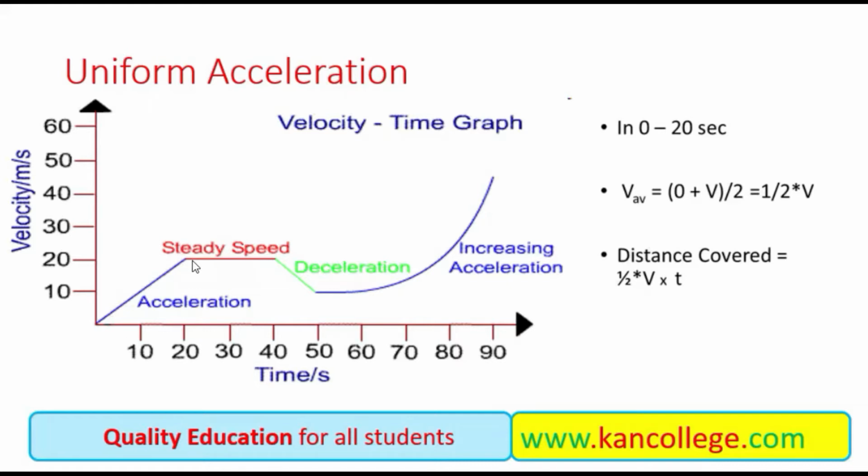In the second phase, the red line represents constant velocity, or zero acceleration, no change in velocity. In the third portion, the green line, the body is moving with decreasing velocity, or negative acceleration. And in the last portion of the line, from 50 seconds onward, the body is increasing its velocity again, but not uniformly, increasing it exponentially.